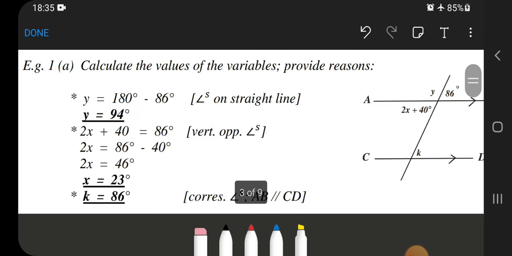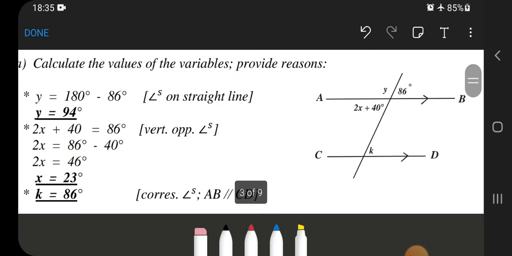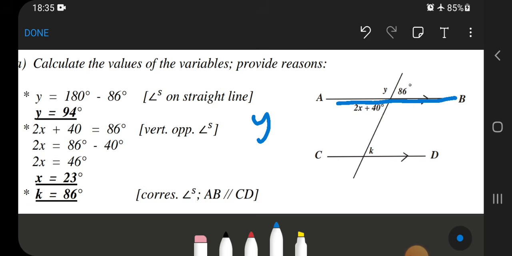Now let's calculate the value of the variables and provide reasons. Here we are looking for y. Remember that this is a straight line. So we are going to use y equals 180 minus 86, angles on a straight line.